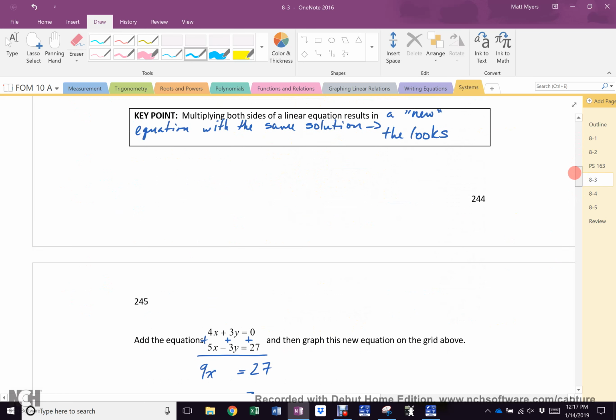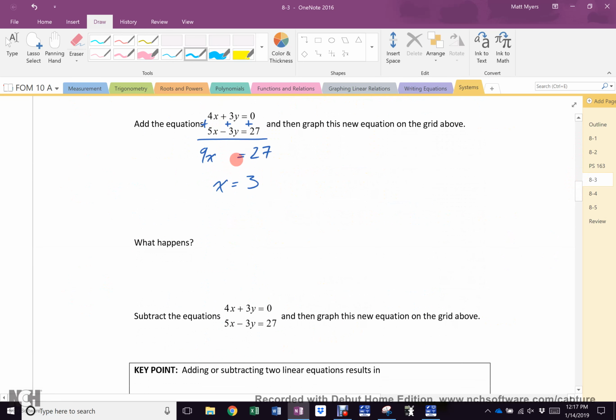So, what happened when I added these together? Use your eyes. What happened when I added them? The y term was eliminated.